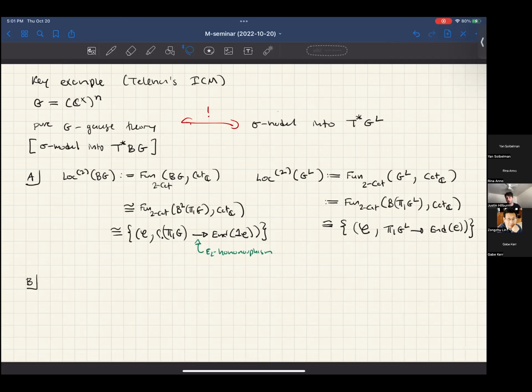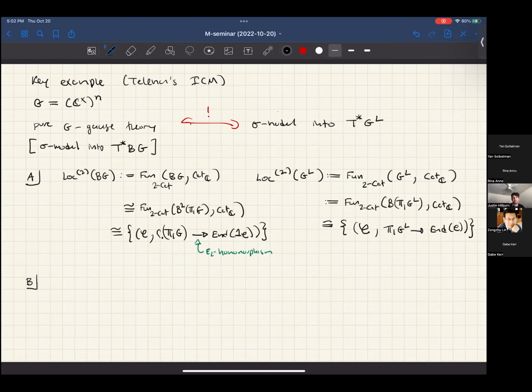So what you need to do is write down a free resolution of the integers by configurations of points in the plane. And that is awful.